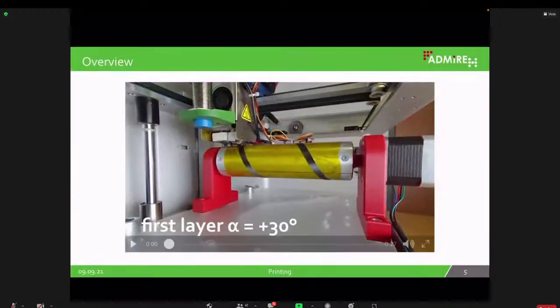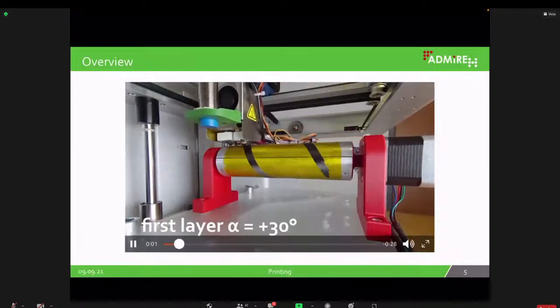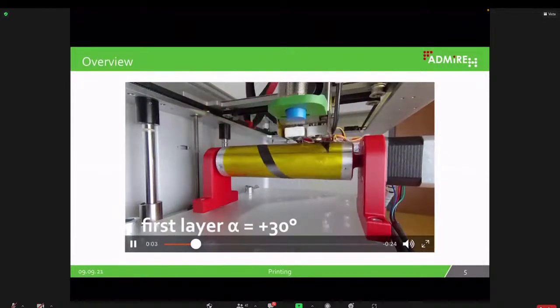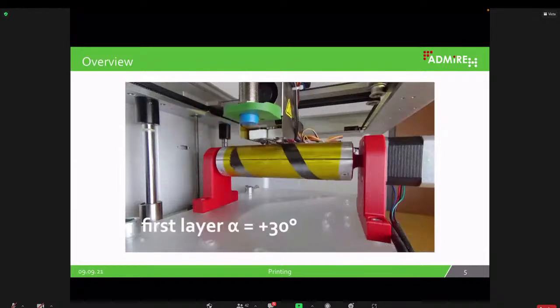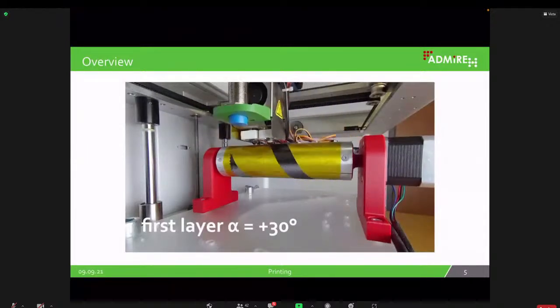To show you again shortly, this is the first layer printed on our modular fourth axis. It is a plus 30-degree fiber angle.